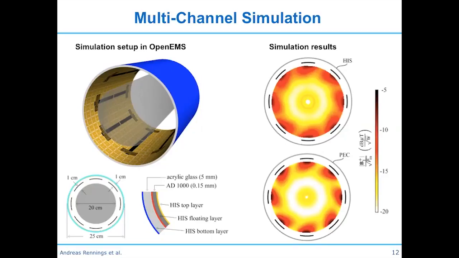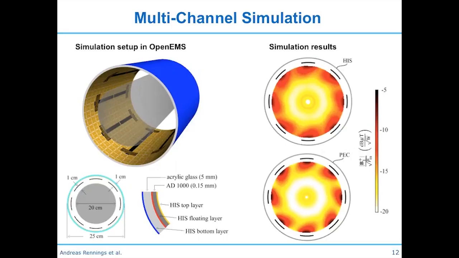And here on the right side, you can see the results concerning B1 plus magnitude over the square root of the accepted overall power. So we calculate the accepted power from each coil and add them up, multiply them by 8 due to the symmetry.